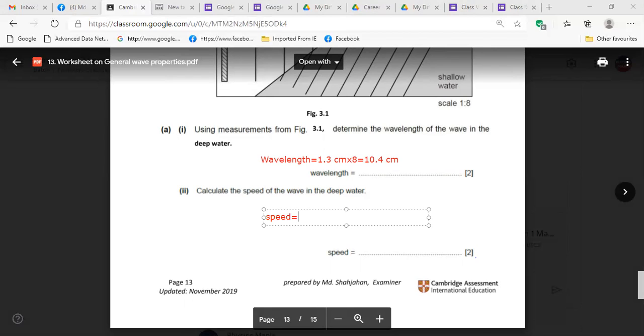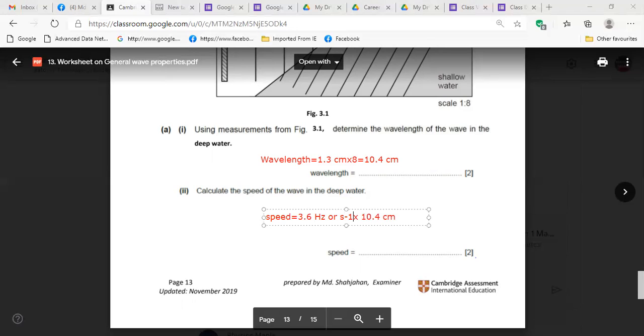So speed equals our frequency, we got how much? 3.6 hertz, right? And our wavelength is 10.4 centimeter. So we write here 10.4 centimeter, and this one is 3.6 hertz. What is hertz? You can say hertz or per second.